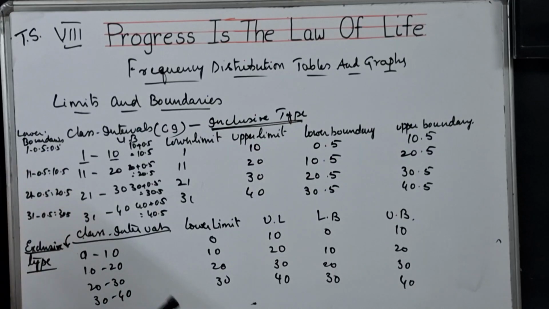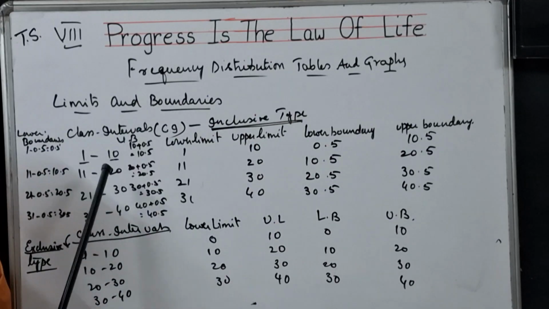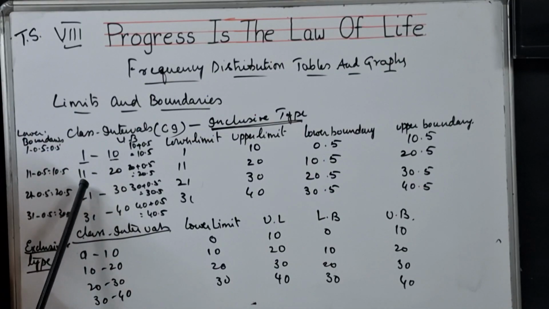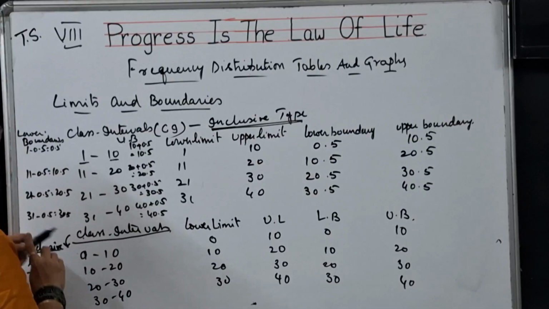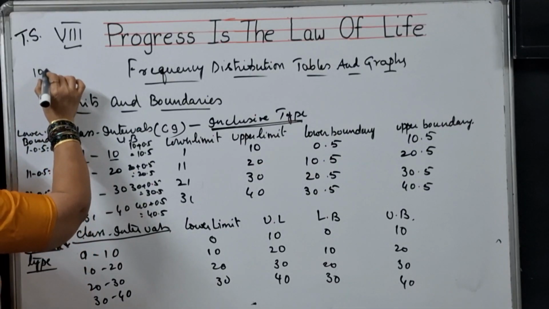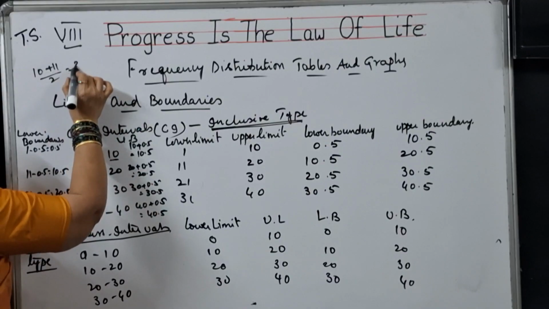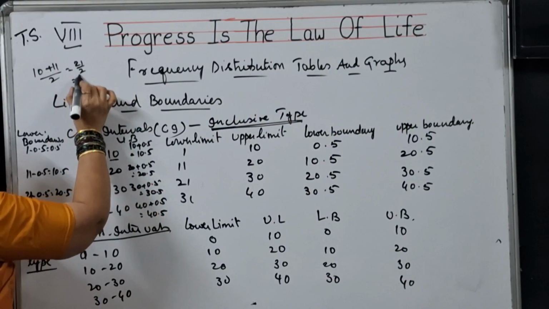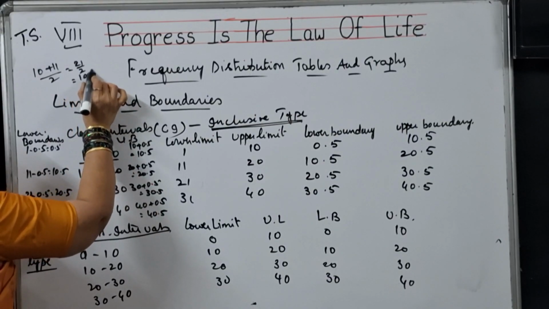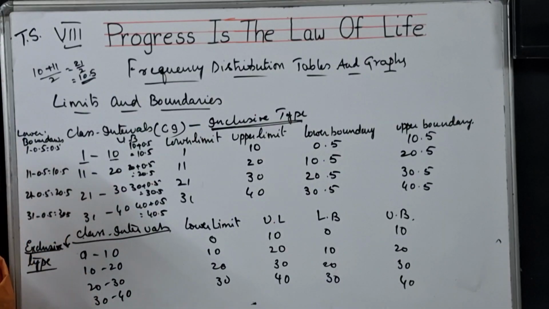Practically, if you want to understand how the boundaries are coming, you have to take the upper limit of the first class interval plus the lower limit of the second class interval divided by 2. If you want, I'll do it here, children. 10 plus 11 by 2. How much are you getting? 21 by 2. That is 2 ones are 2, 0, 2 fives are 10. See, 10.5 we have got.